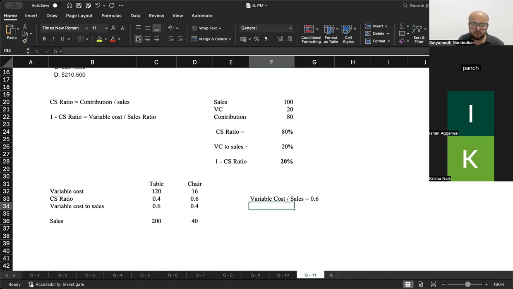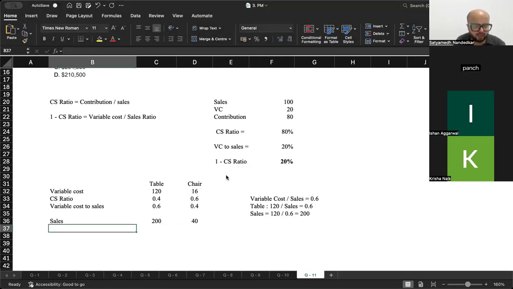Okay, are you okay with the fact that variable cost upon sales is 0.6 here and 0.4 there? Are you with me so far? Okay. For the table, variable cost is 120 upon sales. This is 0.6. So how much will sales be? 120 upon 0.6, which is 200. Right? Same thing for chair. Got it.